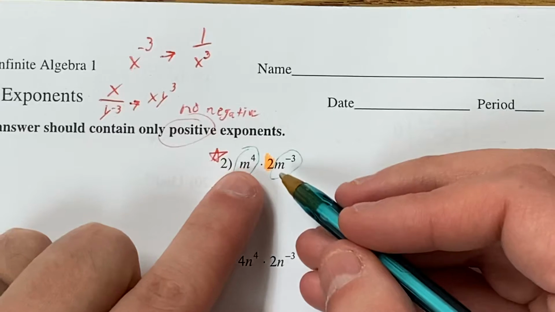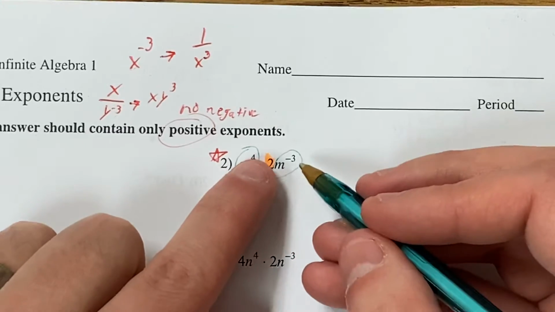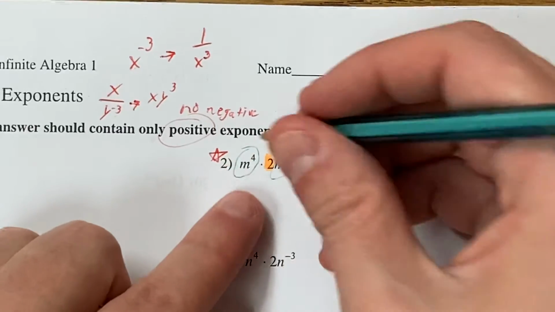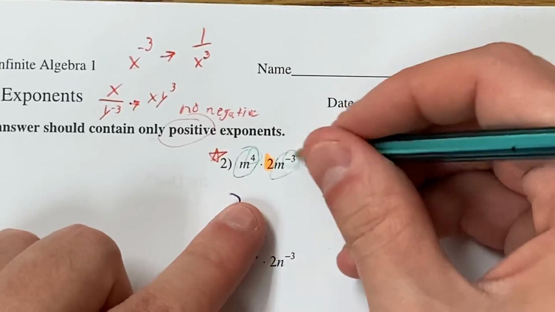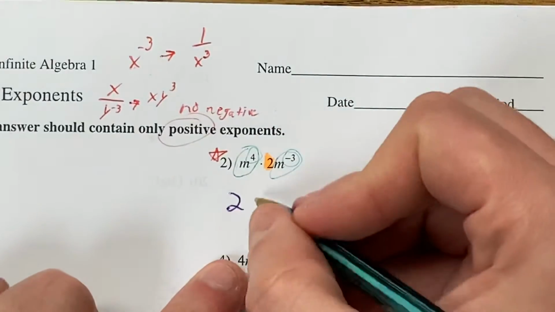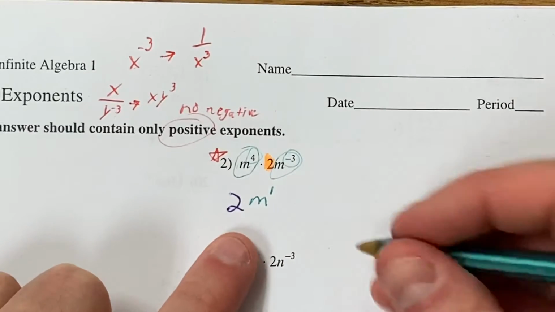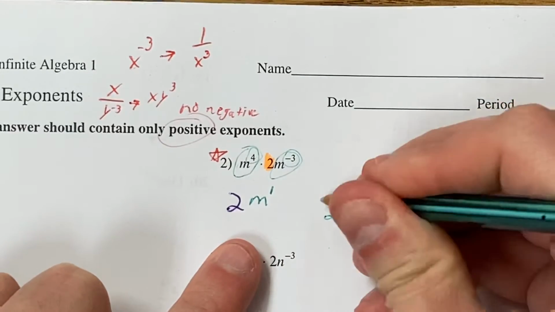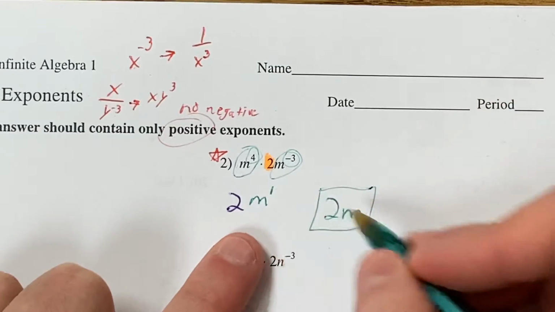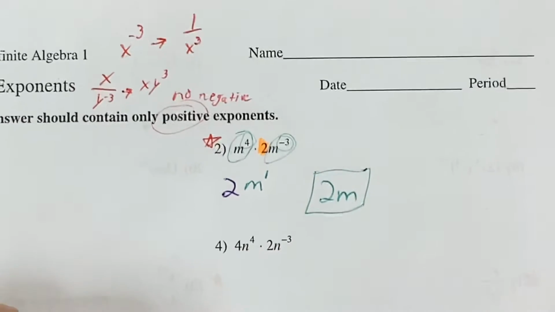They are two separate things. They both have the same base, so we're going to be adding the exponents. So a positive 4 and a negative 3 is just a 1. So 2m to the first, or just 2m, because anything to the first power is just itself. So the answer is 2m.